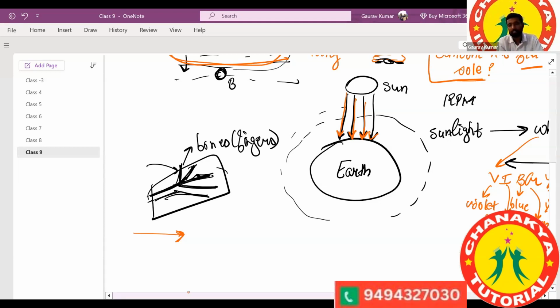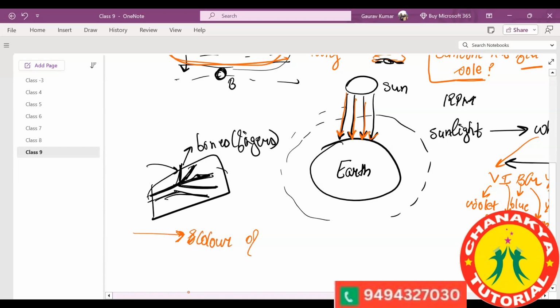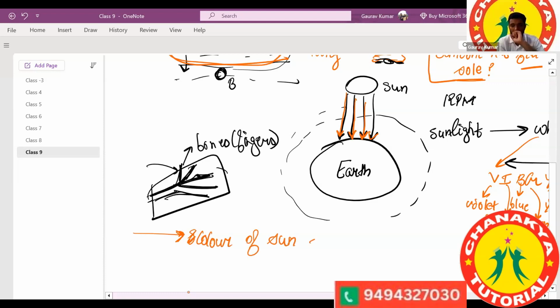We were discussing about this, how there is change in color, so we will discuss this in next class. So we will see the color of the sun at dawn and dusk.